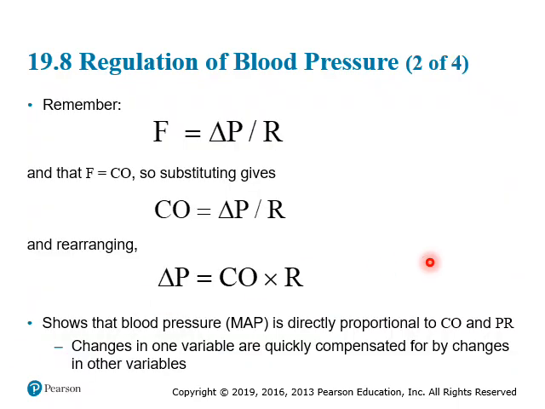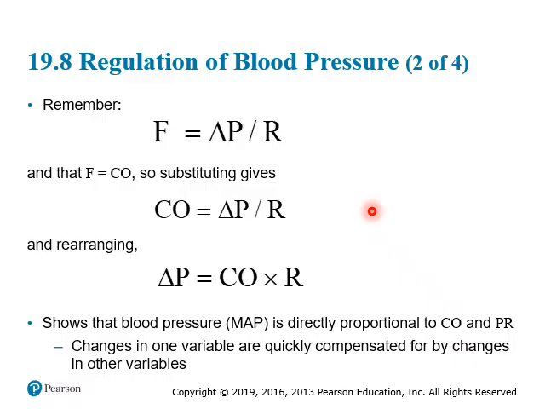So we have to remember in the regulation of blood pressure, the flow of blood is equal to the change in pressure over the resistance, which means that the flow of blood is directly proportional to the pressure inside the blood vessel, but inversely proportional to the resistance. We've taken this already. Cardiac output is directly proportional to the pressure, but also inversely proportional to the resistance.